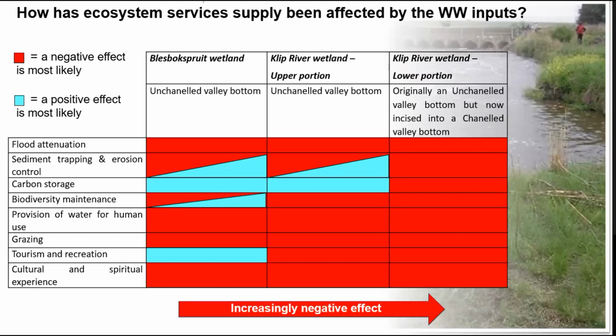Right, to summarize now very briefly, the effect of wastewater on a range of ecosystem services provided by both the Blesbokspruit, and then you see the Klip River looking at firstly its upper portion and its lower portion.